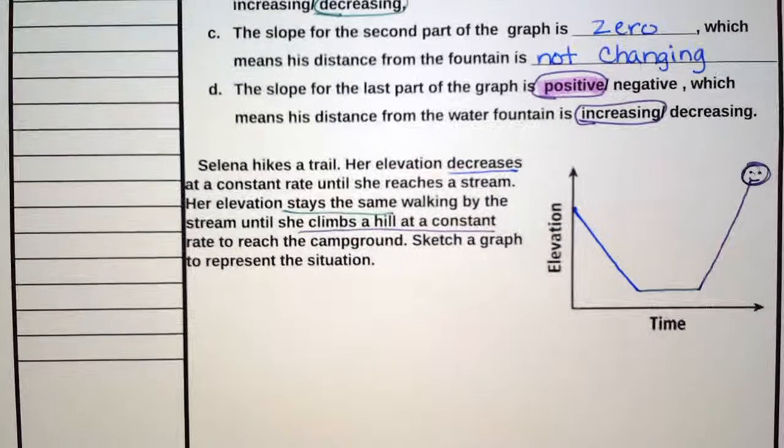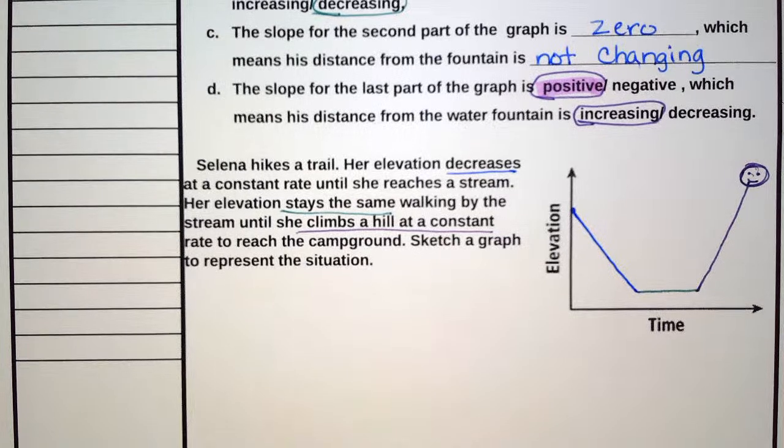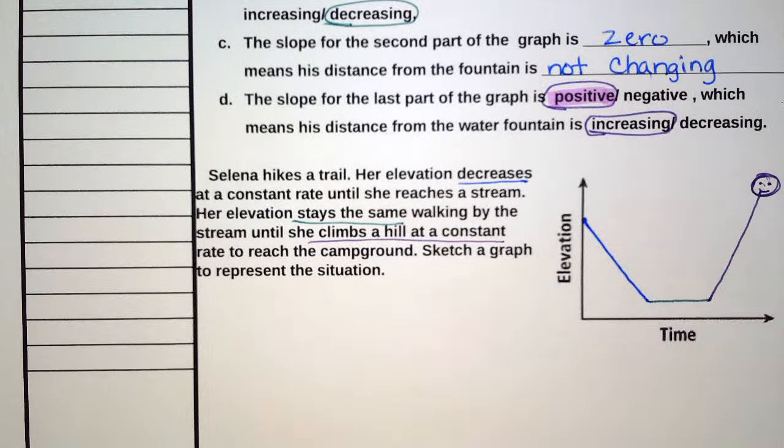Is that the only way? No. You could make the descent even sharper. You could make the ascent even sharper. It just kind of depends on what you think. So this isn't the only way to draw the graph, but the form of the graph should be fairly consistent.